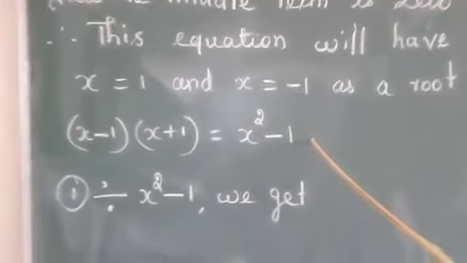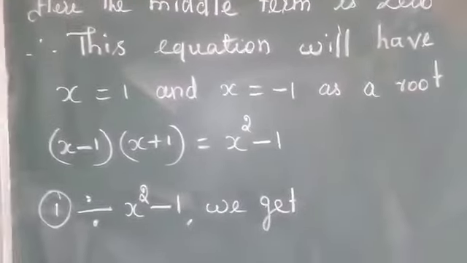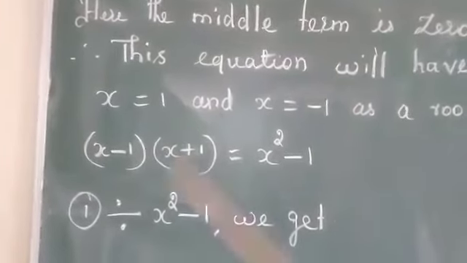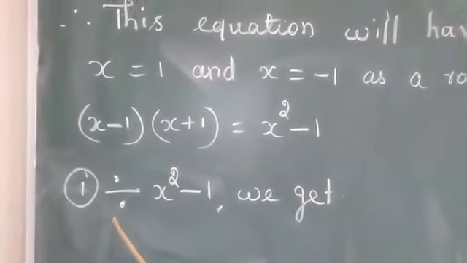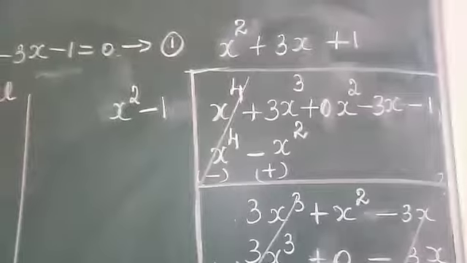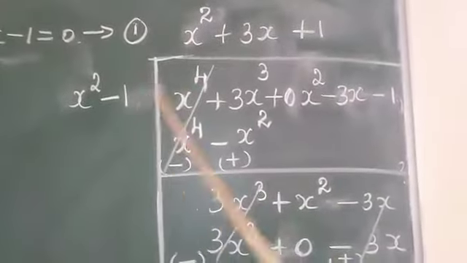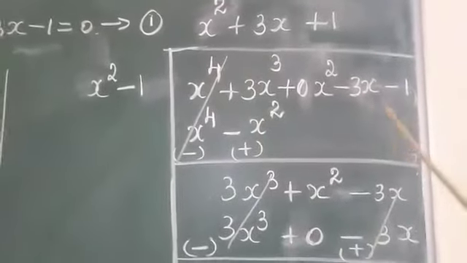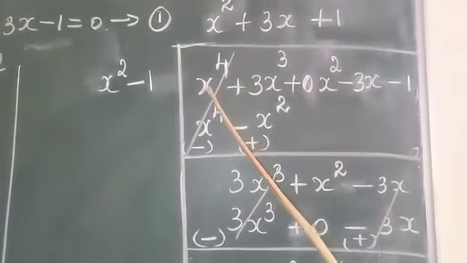Now the next step: we are going to divide the given equation, the first equation, by x square minus 1. So we can get x square plus 3x plus 1. Let us see how to divide. Here there is x power 4.